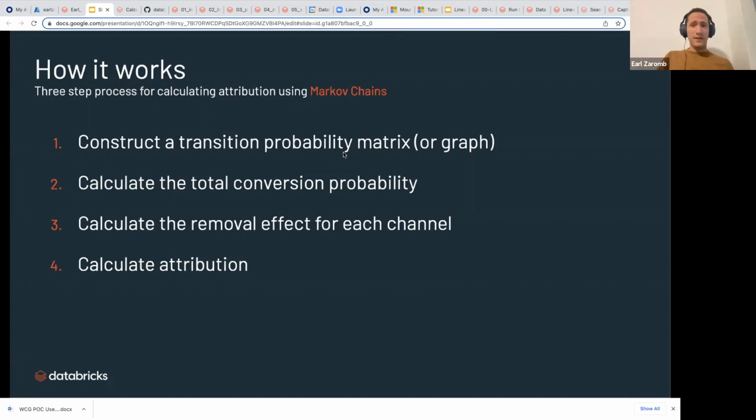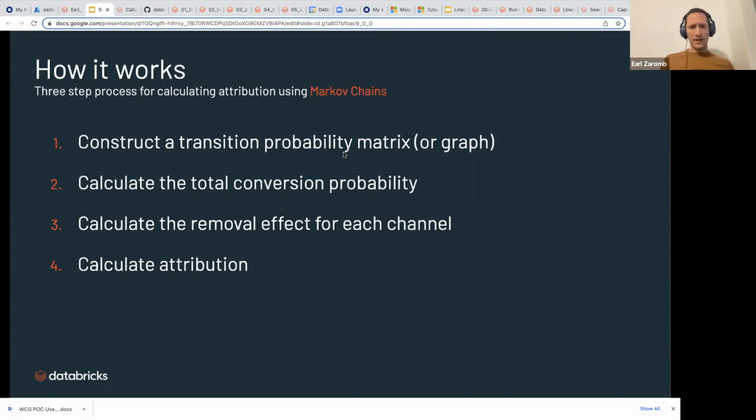What we're going to do in this particular example is show you how to build these Markov chains. It involves setting up what we call a transition probability matrix, which is basically looking at the sequence of going from one state to the next and what the probability is within that overall customer journey. Then we also have to look at the overall probability to convert, and then isolate out the effect for each channel.